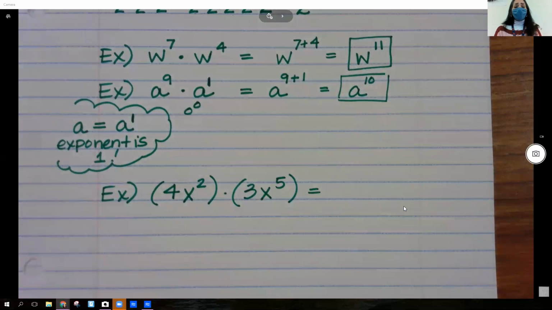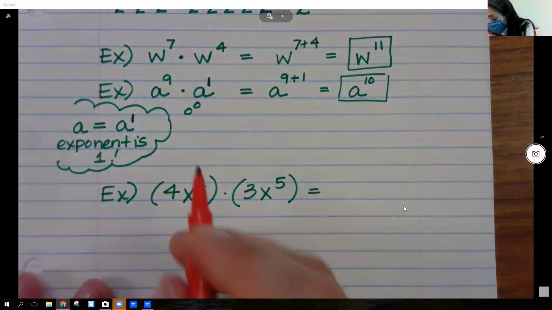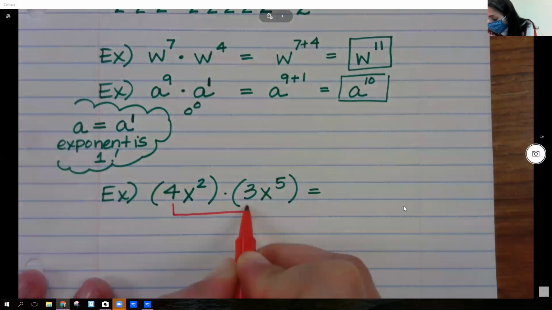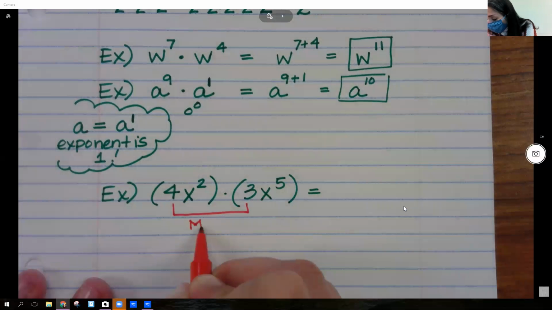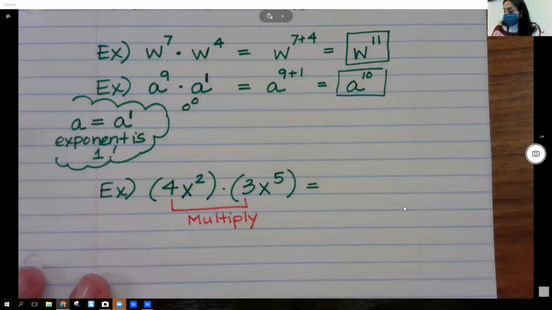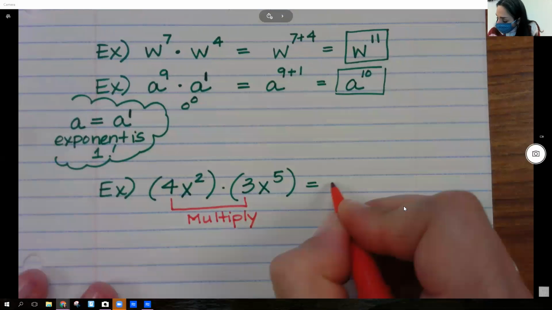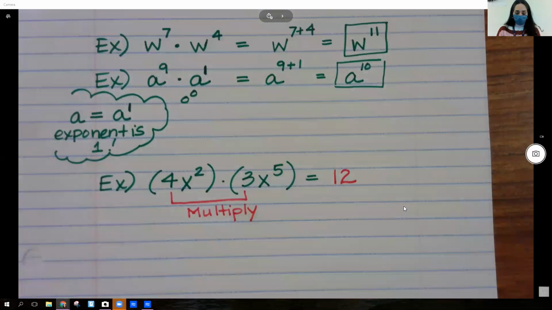There's nothing fancy about that 4 and that 3. So all you're going to do is multiply these like you normally would. You're going to get 4 times 3 is 12. Okay, so nothing changes there. Just plain old multiplication like you would do any other multiplying.